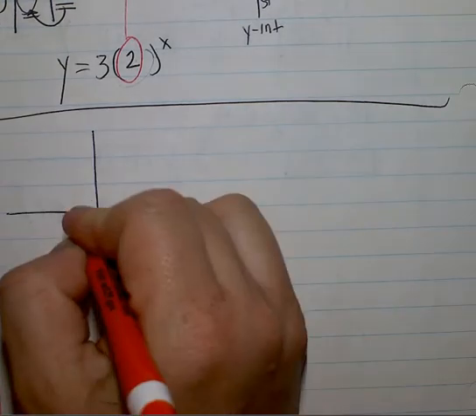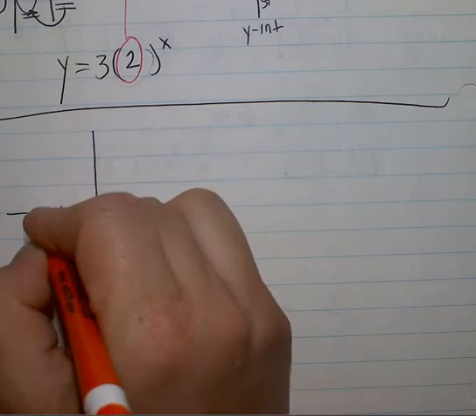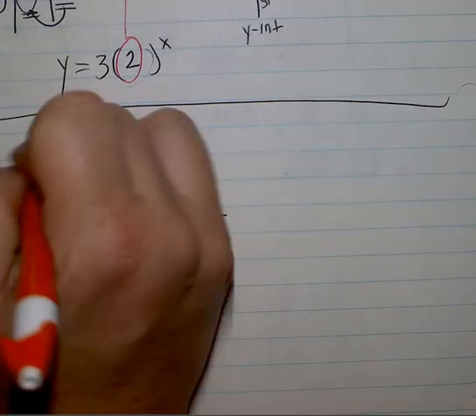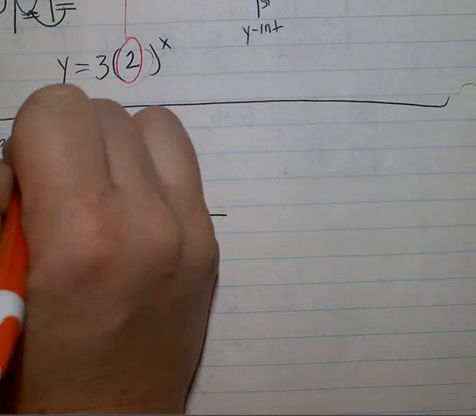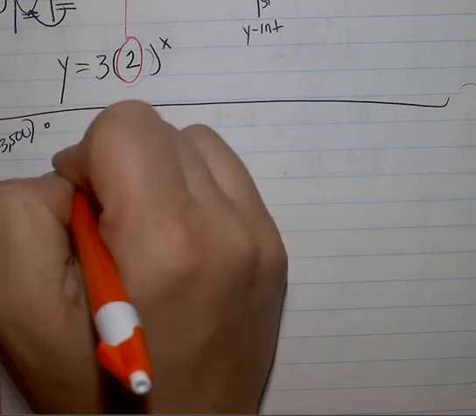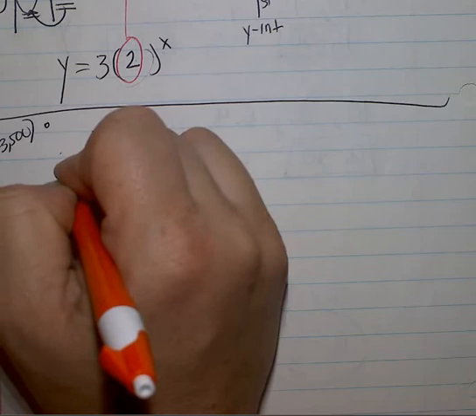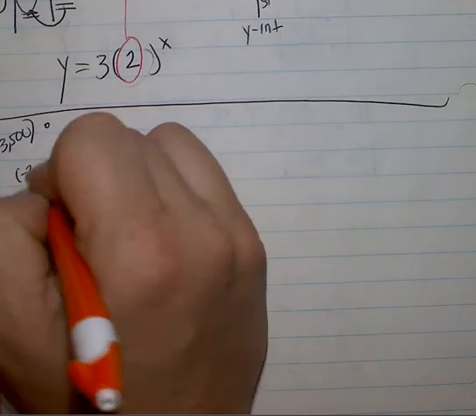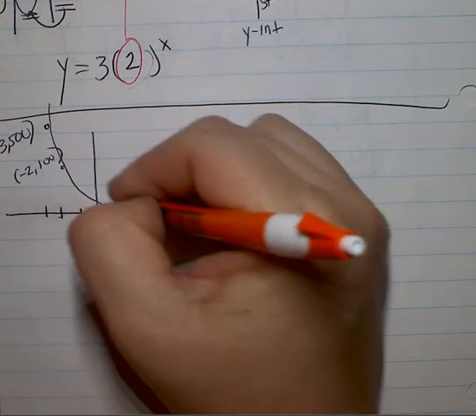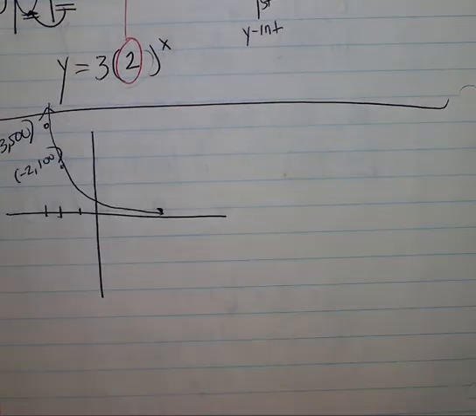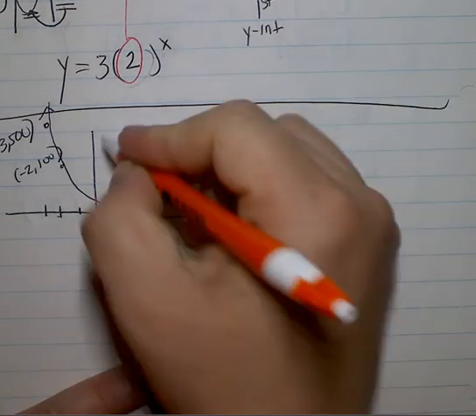But let's pretend that I tell you that negative 3, it's going to be way up here. Negative 3 goes with 500, and negative 2 goes with 100. So I can see it's going down, so it's going to look like this. So I can predict that's going to be exponential decay. But how do I come up with the equation that models this information?